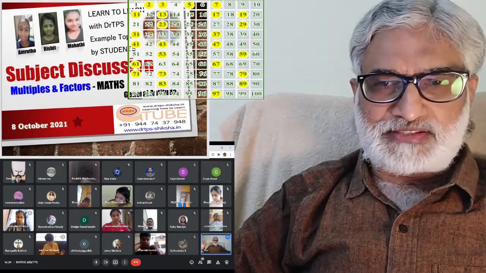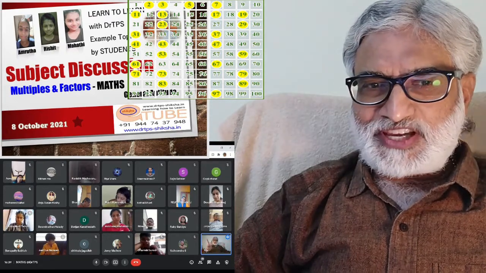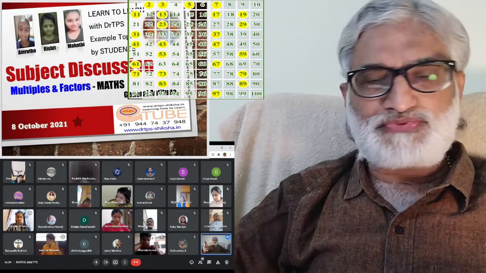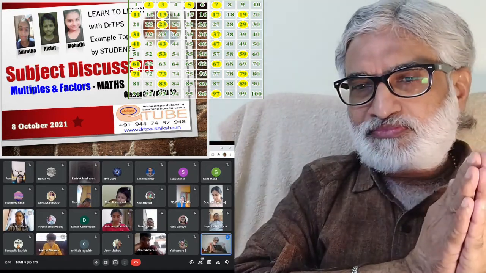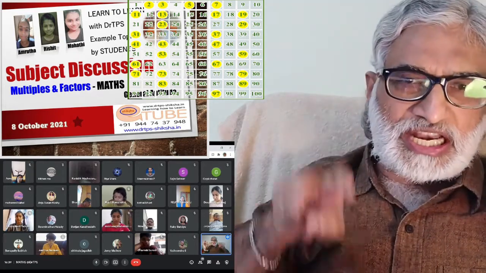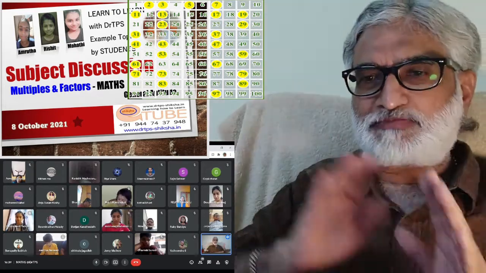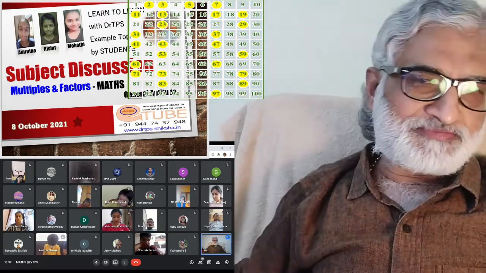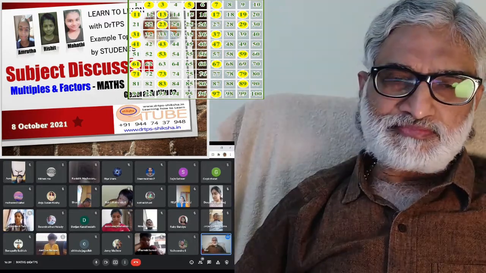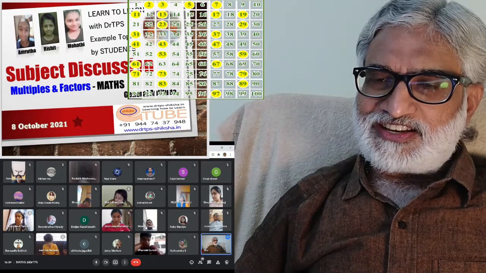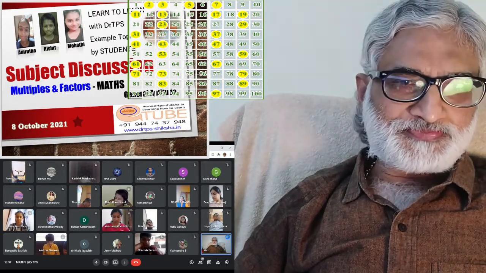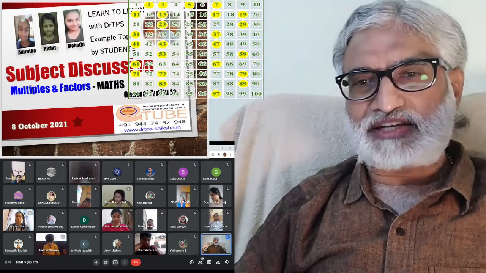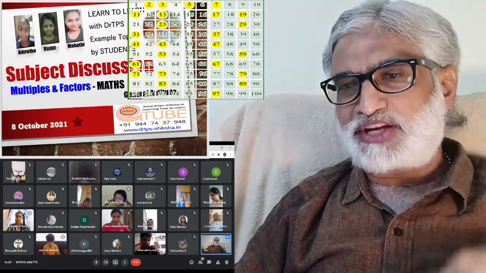For a multiple of 9, the last 2 digits, if the digital addition of the numbers becomes 9, then that's a multiple of 9. Very simple. Up to 2 digits. Let us think about the higher numbers later, or a similar observation you can do later also.